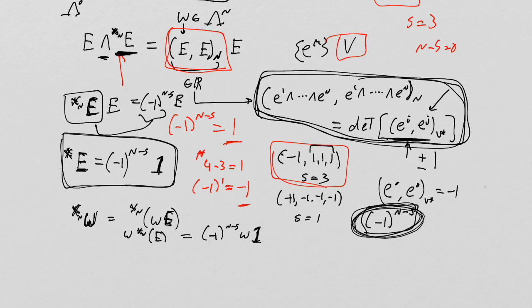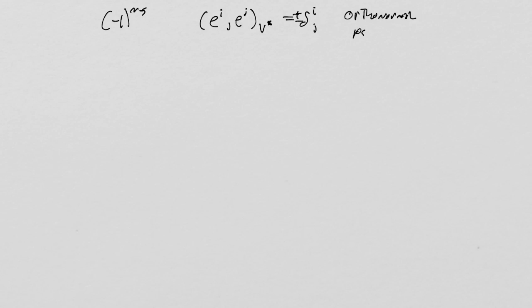Maybe I need to be a little bit more careful. So think of it this way regarding this minus 1 to the n minus s term. Think of it this way: e_i, e_j in the inner product space on V is going to equal delta_ij plus or minus delta_ij for an orthonormal basis. That's what an orthonormal basis means in a pseudo-Riemannian metric.